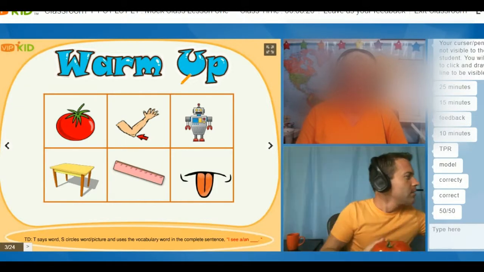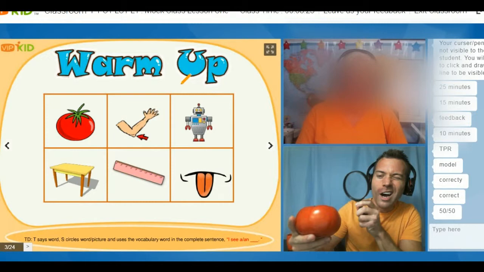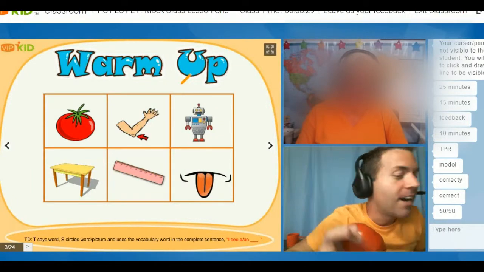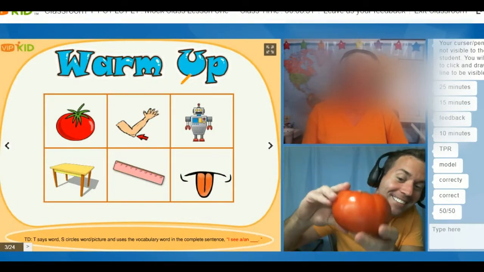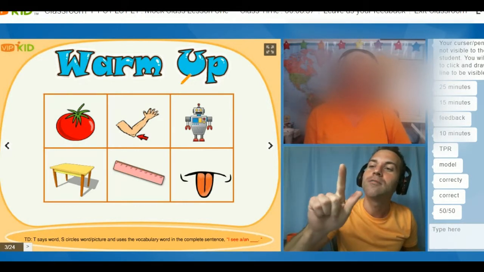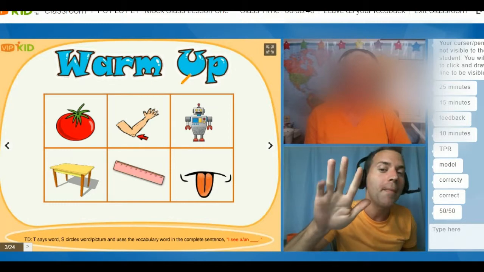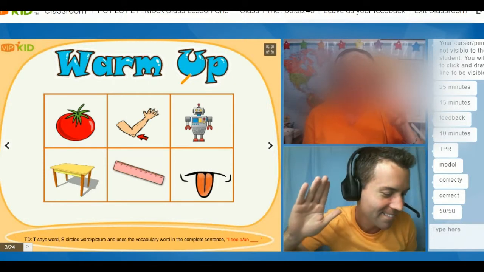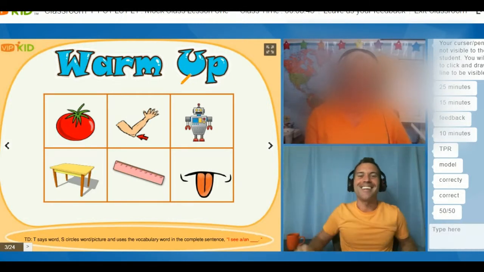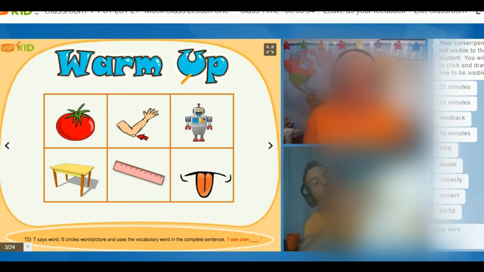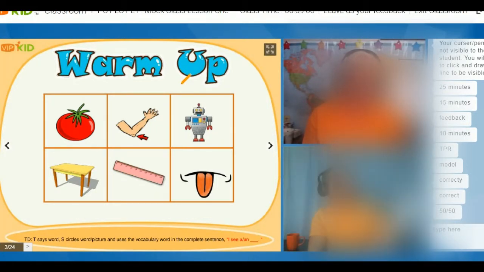I see a tomato. I see tomato. Good try. I see a tomato. I see a tomato. Good. Good job. 1 leaf. 1 leaf. 2 leaves. 2. Wow.